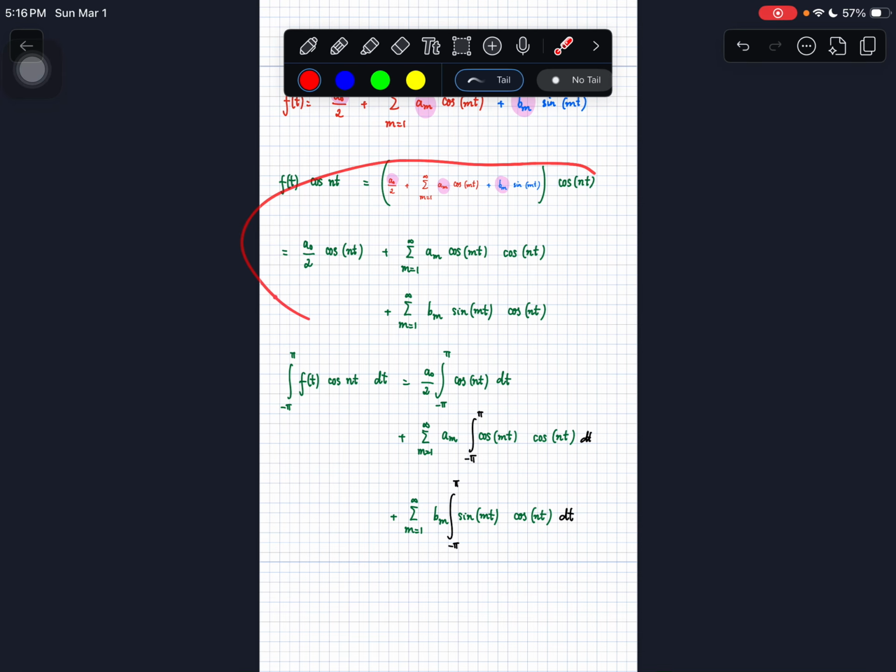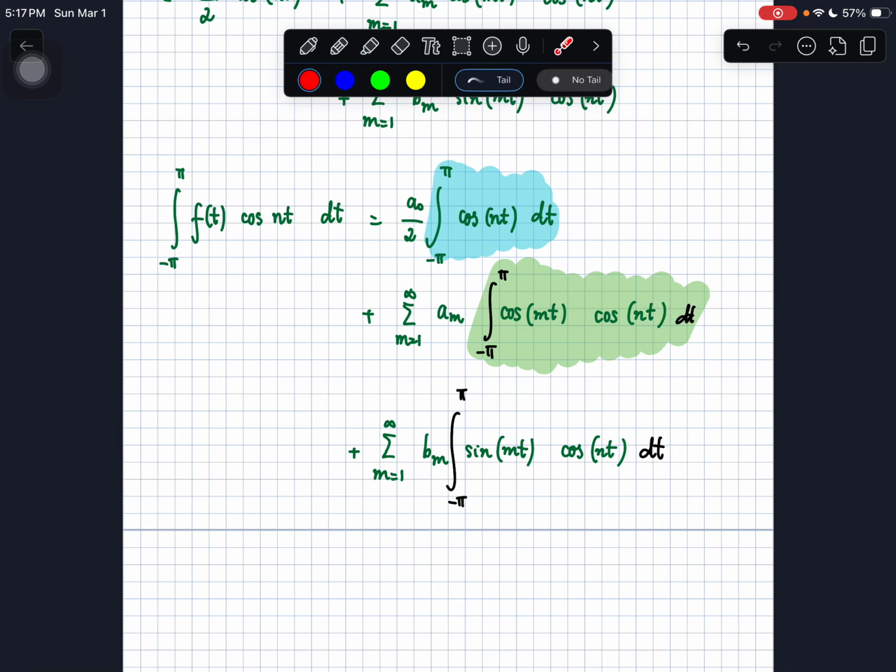And now look at this. The first term is 0. As we said, this one you can think of as the inner product between 1 and cosine nt. This one is 0. This one you can think of as the inner product between cosine and cosine. If you have m different from n, they are pairwise orthogonal.